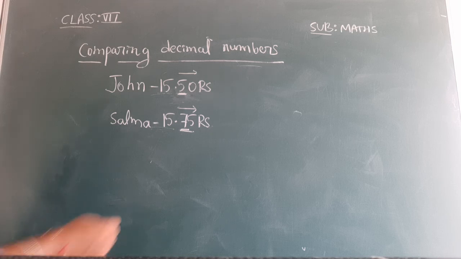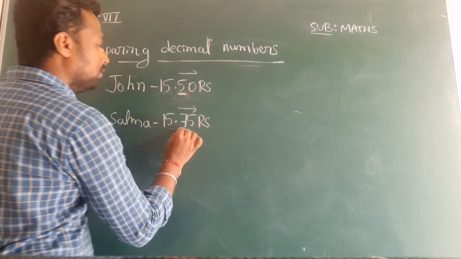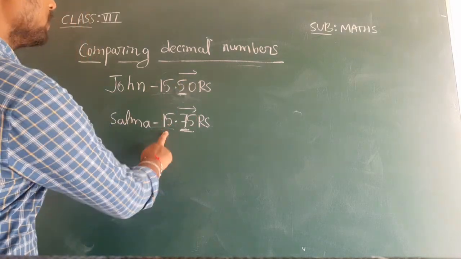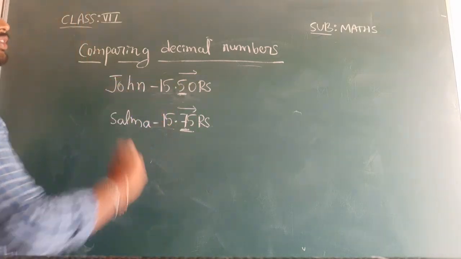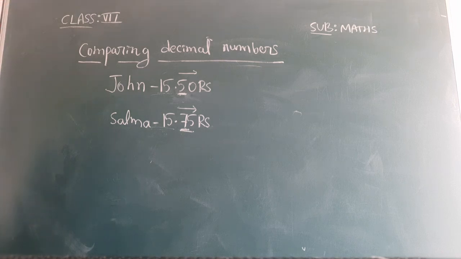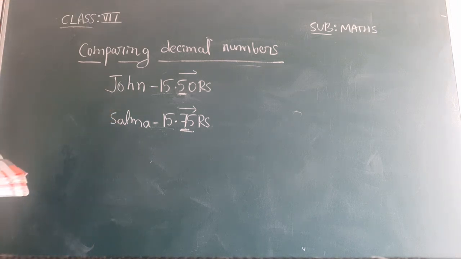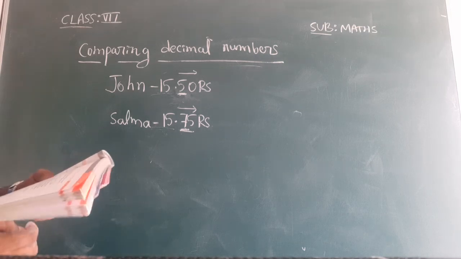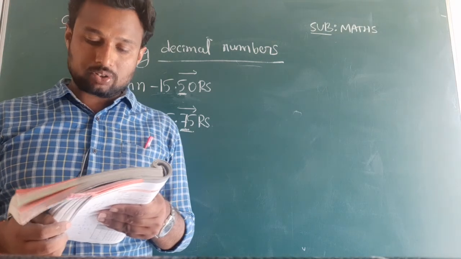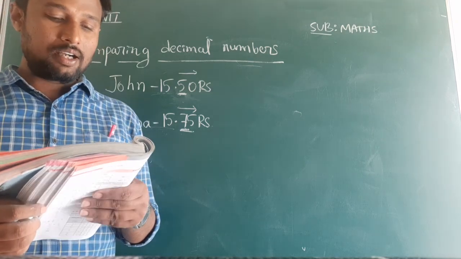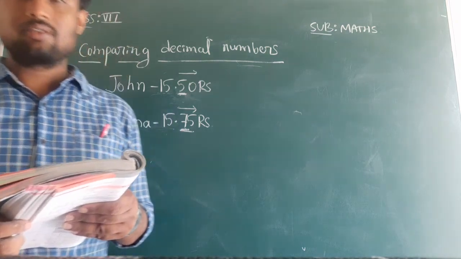Why? In the tenths place here we have 5 and here we have 7. 7 is greater than 5. Therefore, 15.75 is greater than 15.50, and Salma has more money than John. If the digits at the tenths place are also the same, then compare the digits at the hundredths place, and so on.